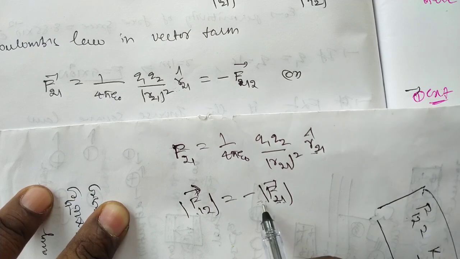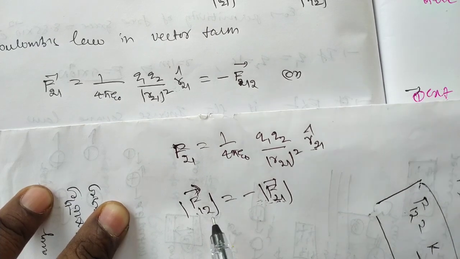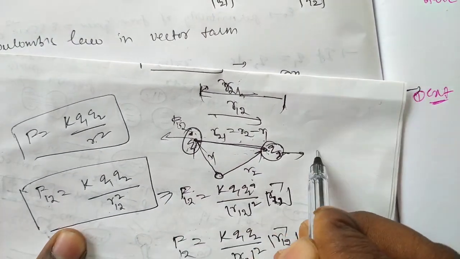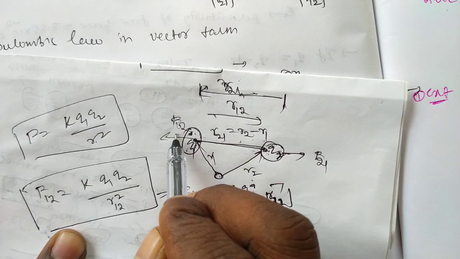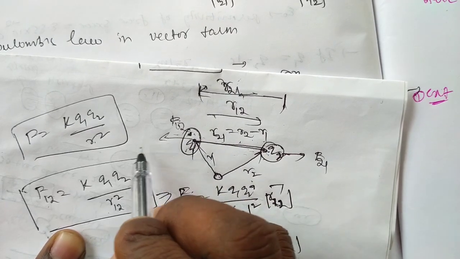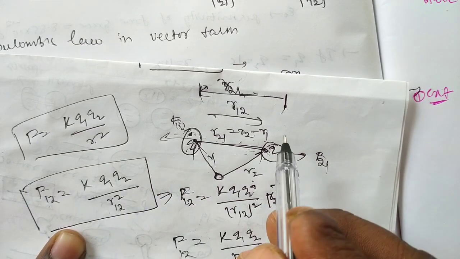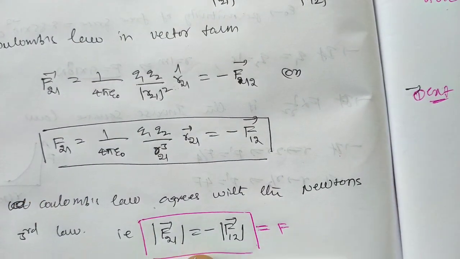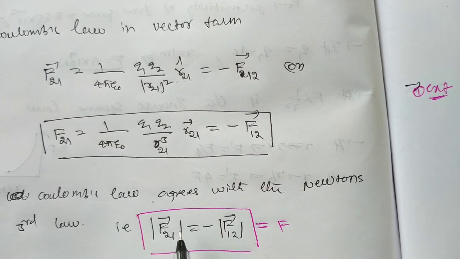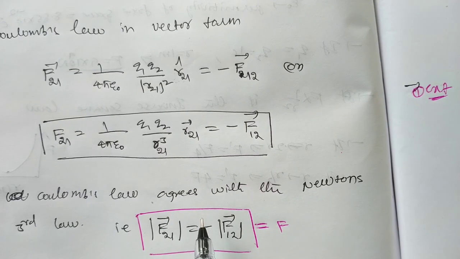F21 is equal to minus F12. This is in agreement with Newton's third law.